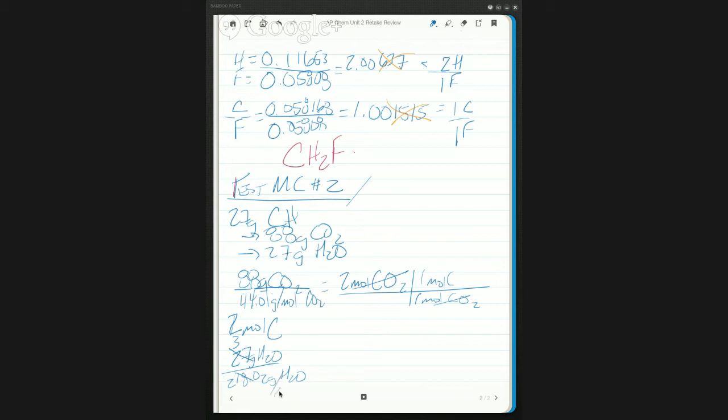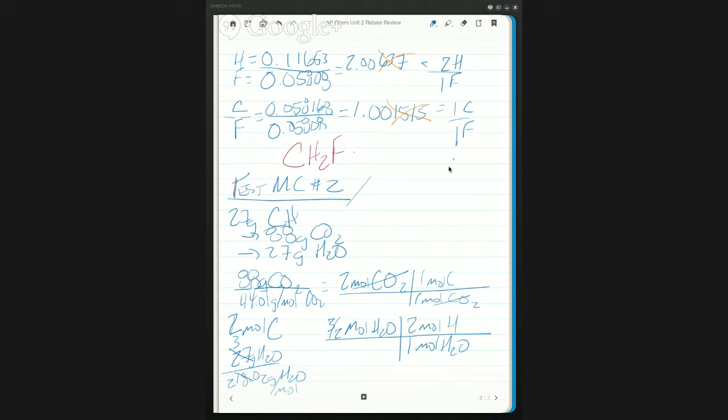So, and this is grams per mole. So when this is all said and done, we have 3/2 moles of H2O. And for every 1 mole of H2O, we end up with 2 moles of H, right?